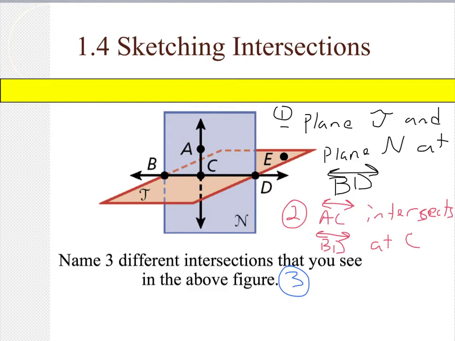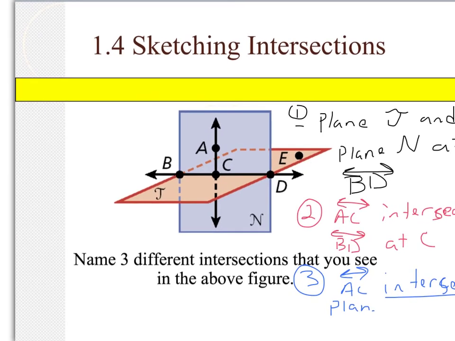If you can see it hidden in there, you will notice that AC not only intersects BD, but AC also intersects plane T. If you look up here, it will come to point C, and it intersects and goes underneath plane T, as you can see with that dashed line all the way down. So it does intersect plane T.